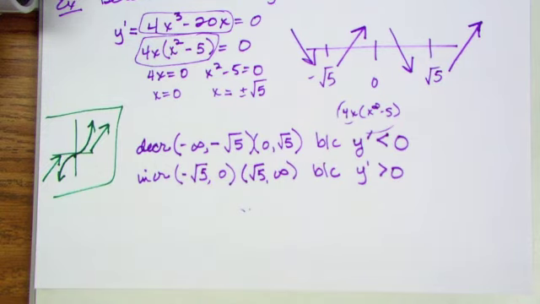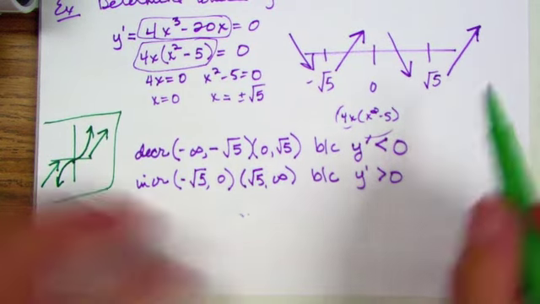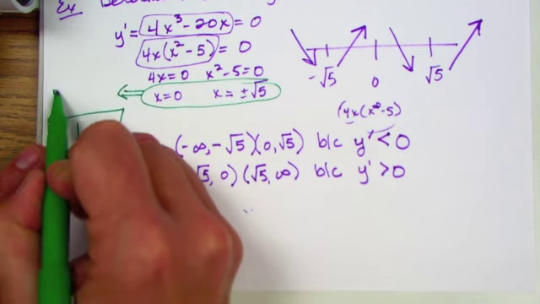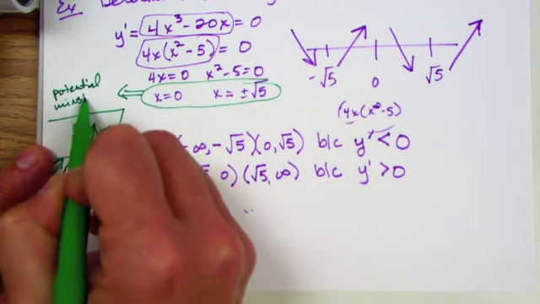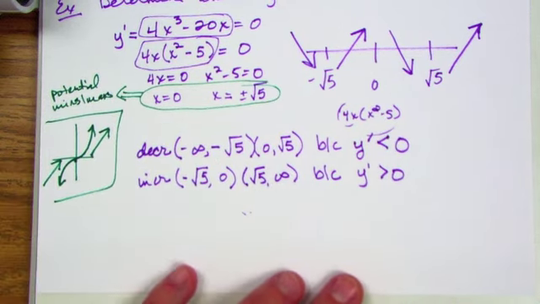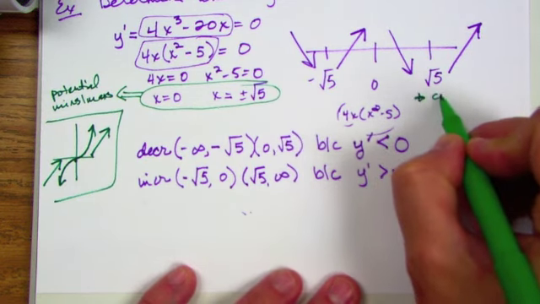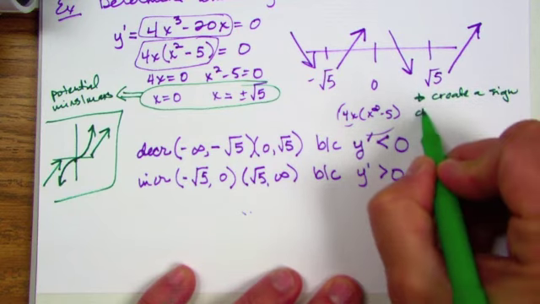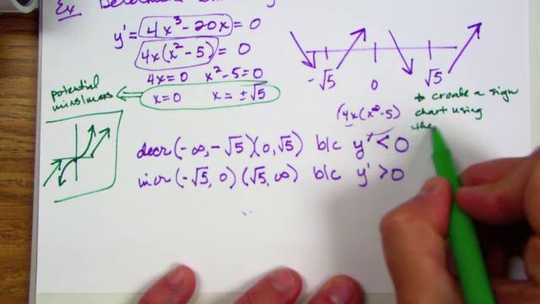Okay, so I'm just going to go back and summarize what we did here. These are potential mins and maxes, you told me. And so over here, I create a sign chart using the critical values.